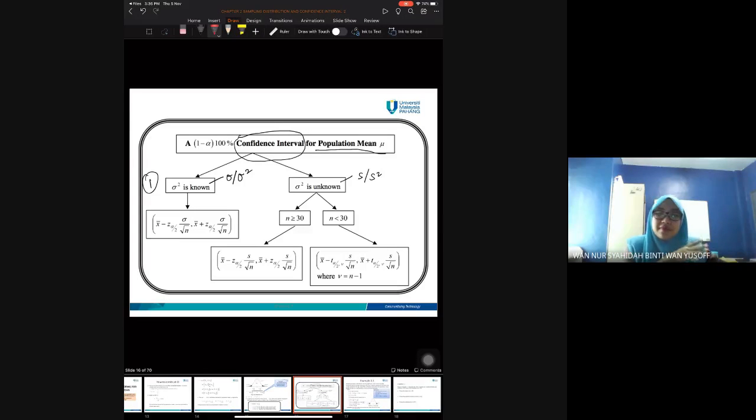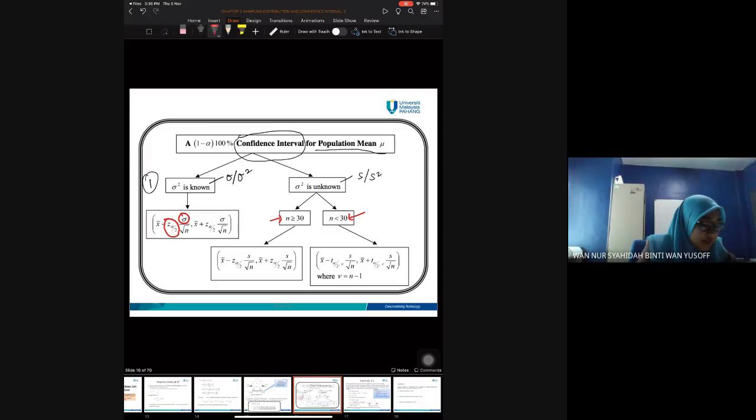Back to the theory from chapter 1. When you have sigma, then we go to the first formula here, the formula with the sigma and also the Z distribution. When sigma is unknown, we have a second condition that we need to determine: the sample size, whether we have a large or a small sample size.